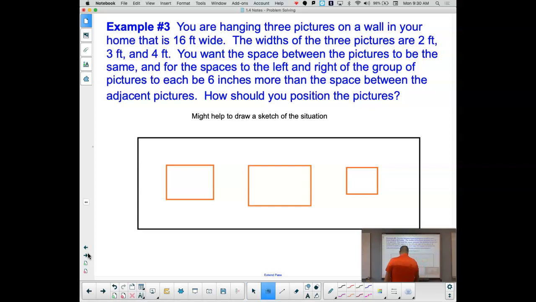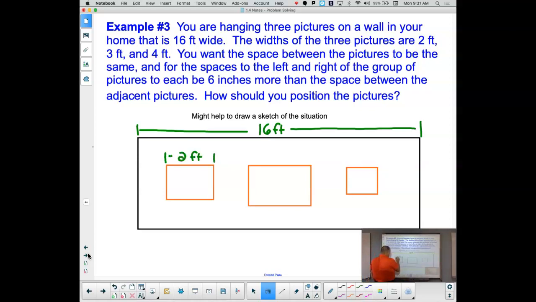Now, we can fill in what we know. We know that the width of our wall is 16 feet. We know that one of our pictures is 2 feet wide.